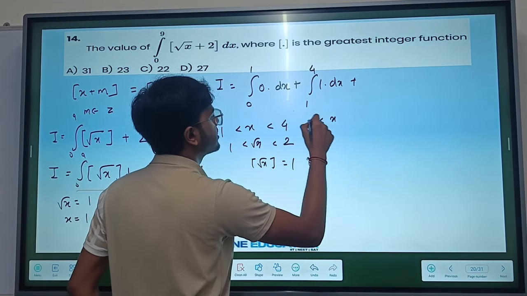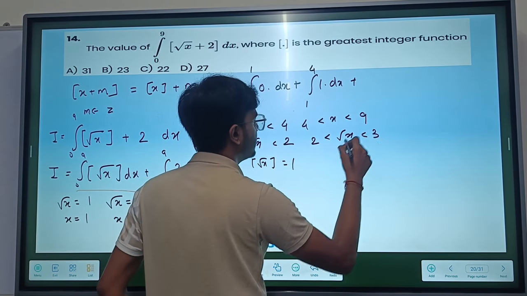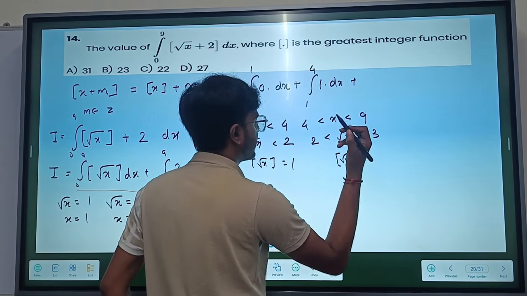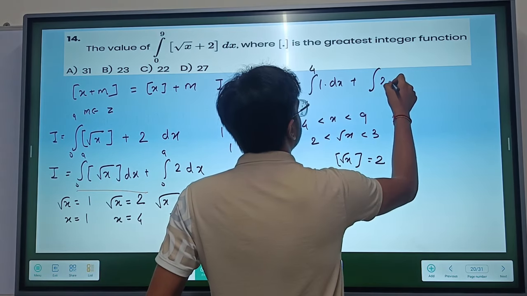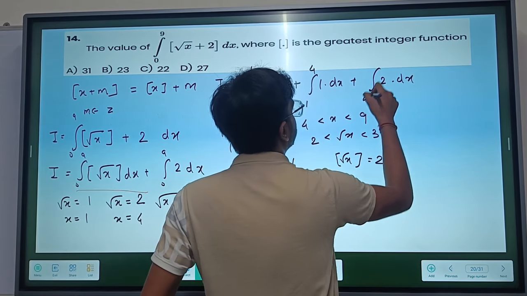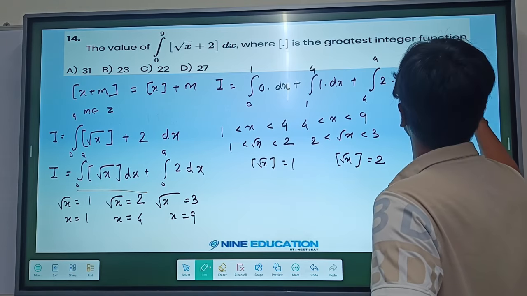Now, when x is from 4 to 9, root x would be from 2 to 3, so the greatest integer of root x will give you the value 2 dx from 4 to 9, plus we already had 2 dx from 0 to 9.